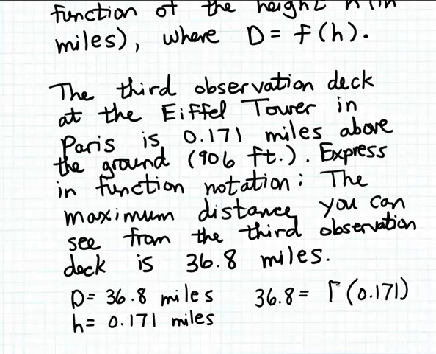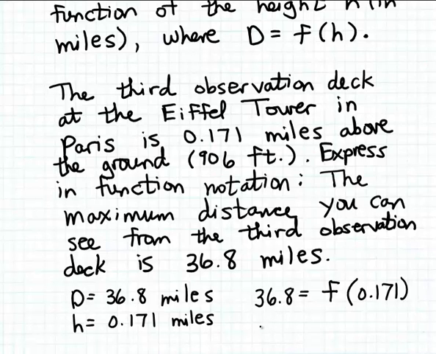All right, and then we simply use the name of our function here, f, to complete the function notation. So f of 0.171 is equal to 36.8, or in other words, at a height of 0.171 miles, that's the height of the third deck on the Eiffel Tower, the maximum distance you can see is 36.8 miles.